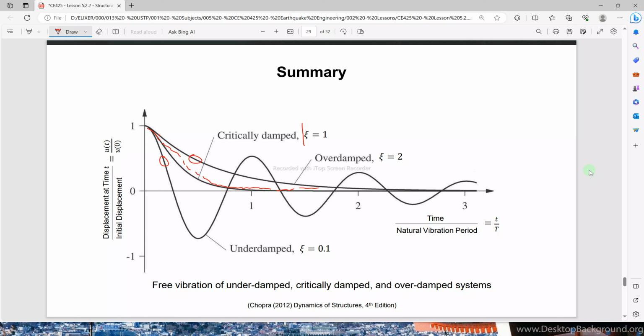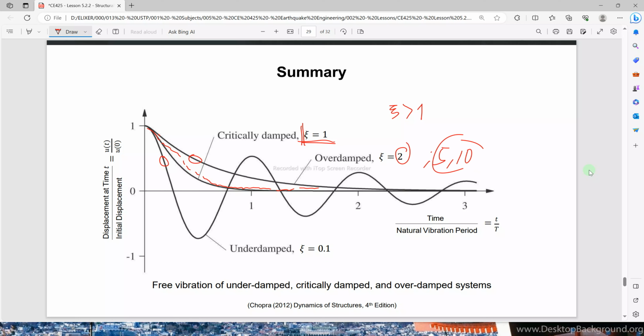The critically damped system has a damping factor equal to 1, and an overdamped system will have a damping factor greater than 1. So here we have a damping factor of 2, or it might be 5, or 10. Now, in reality, this kind of structure doesn't really exist.